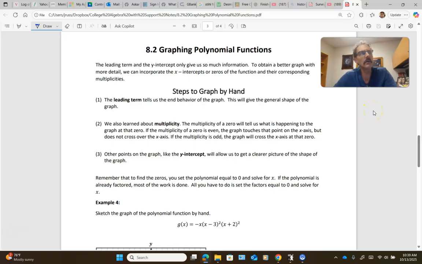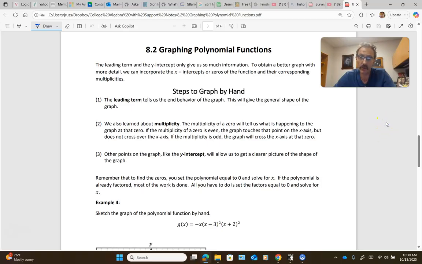I do want to say, though, that in the real world, guys, most polynomials are not nice ones like we see in math courses. These polynomials that we see in math courses have just been made up to illustrate the concepts that we're studying. So that's why a lot of the zeros end up being nice numbers, or to find the zeros, we can factor the polynomial and set the factors equal to 0.